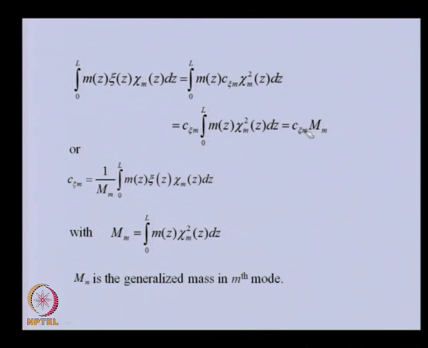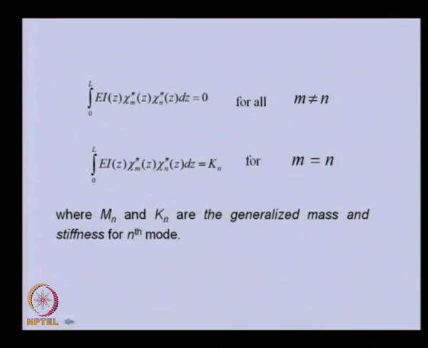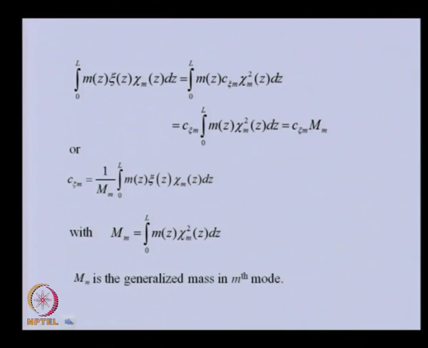From this expression we can solve for the unknown constant, like this. So, m we have taken to this side. This is the unknown constant, where the modal mass we define as this integral. So now you can see we could get this constant which was there in the chosen series of the response, using this analysis.